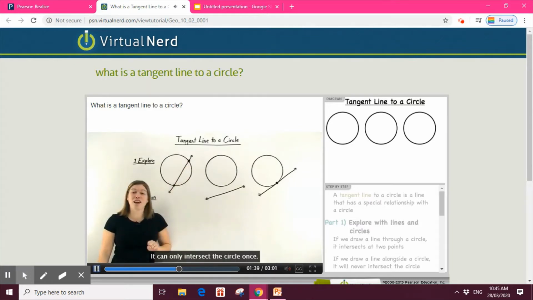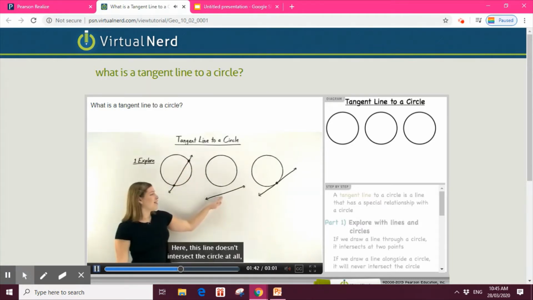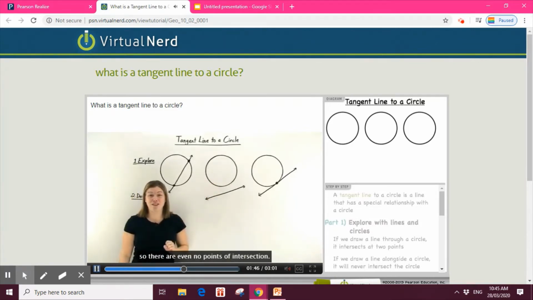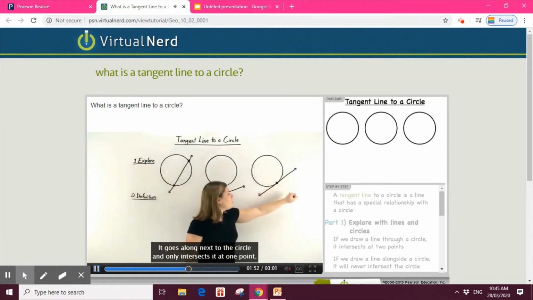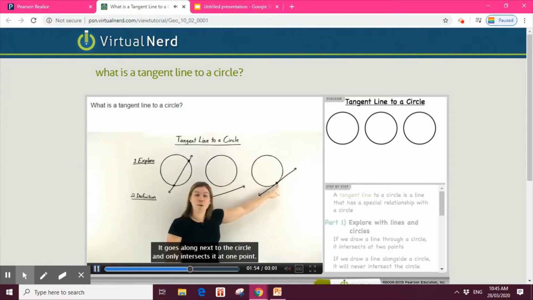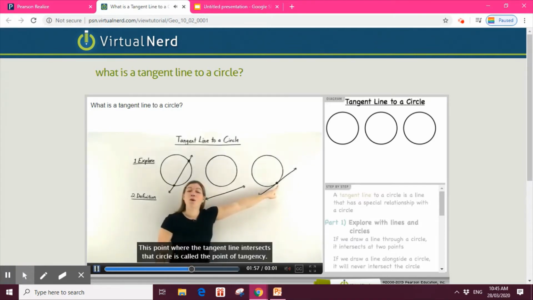It can only intersect the circle once. Here, this line doesn't intersect the circle at all, so there are no points of intersection. Here, this is a tangent line to this circle. It goes along next to the circle and only intersects it at one point. This point where the tangent line intersects that circle is called the point of tangency.